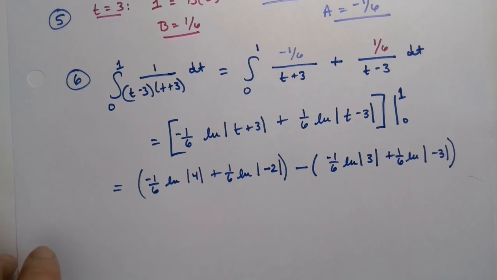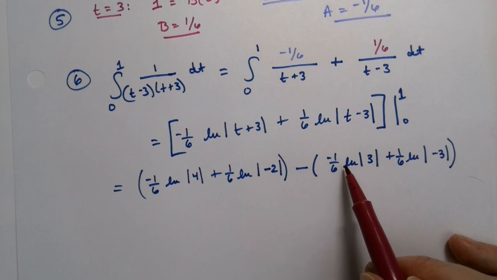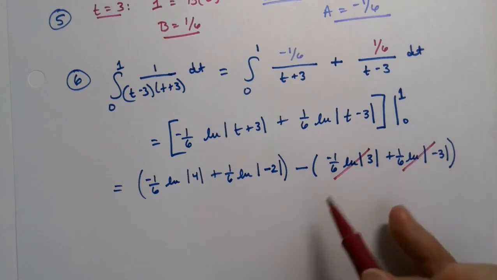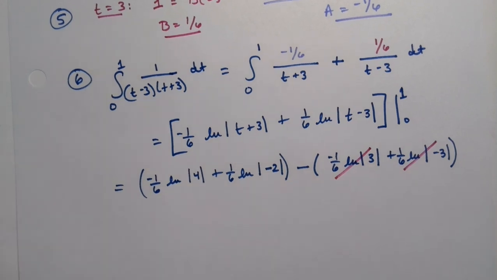Now the absolute value of negative 3 is 3. So this is minus 1/6 natural log of 3 plus 1/6 natural log of 3. These two end up canceling each other out. They're the same value.